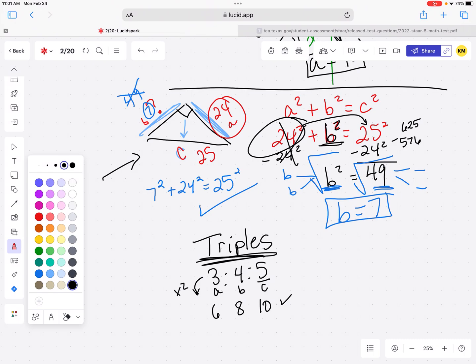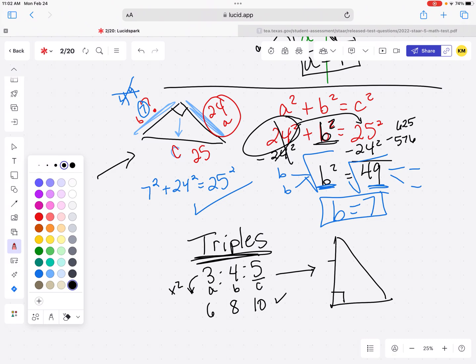Proportionately, this is what it means right here. Look at this picture. It means that 3 units plus 4 units on this side equal 5 units on this side.